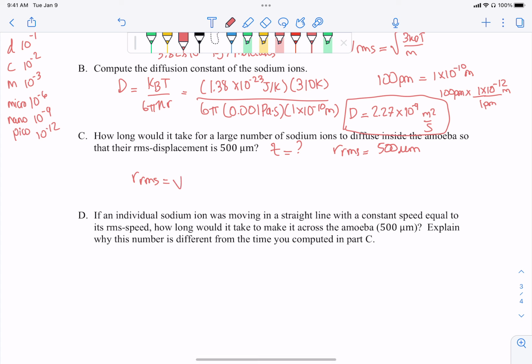Yep, square root of 6Dt. So we have our 500 micrometers, which is 500 times 10 to the negative 6 meters, is equal to, or we can go ahead and square that already so we can get rid of the square root, and then divide that by 6 times the diffusion constant, which is 2.27 times 10 to the negative 9 meters squared per second. And that should give us our time.